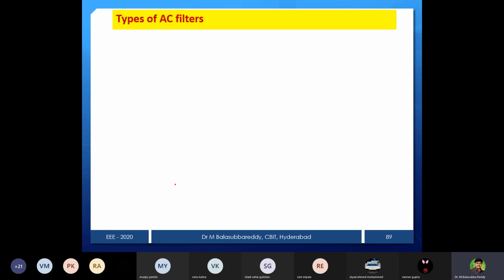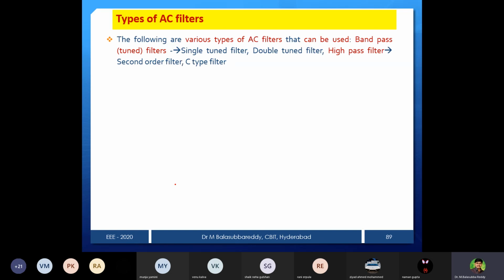Now we'll see the types of AC filters. So you have different types. One is what you call band pass or tuned filters. Both are the same. Band pass filters or tuned filters.